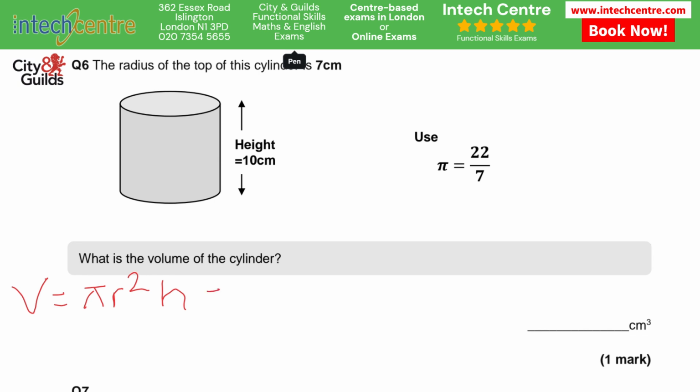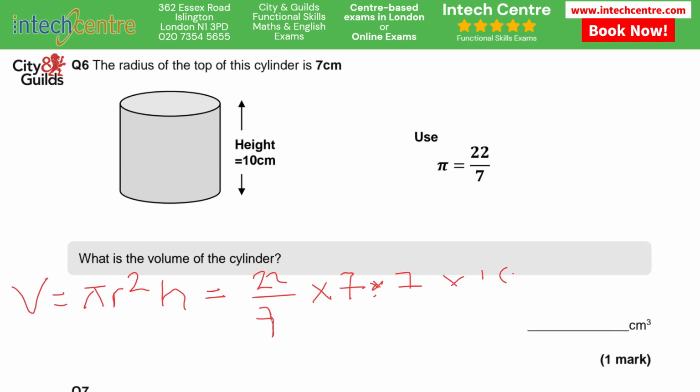So we have pi is equivalent to 22 over 7 times by radius squared, which is times by 7 times by 7. And then we multiply that by our height, which is 10.